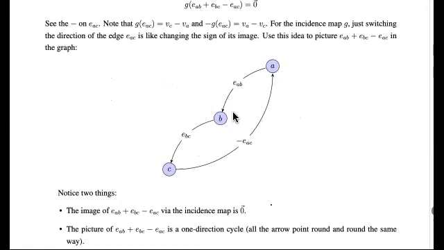Now, in the Smith normal form, we get rid of one of these edges in the process, so we don't have a loop anymore. And the result is that we only have 2 edges.